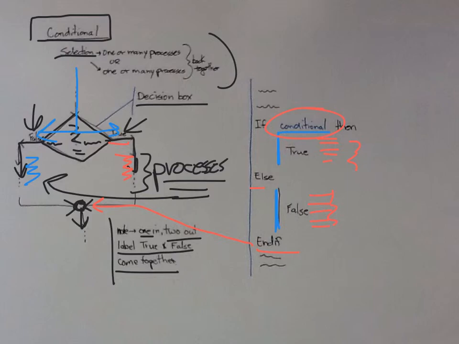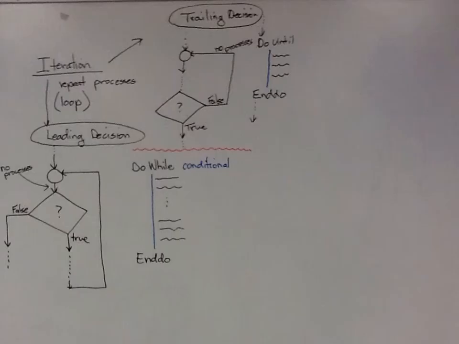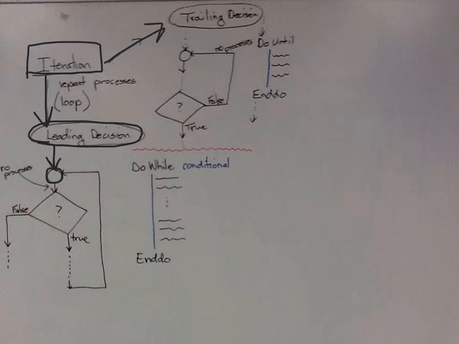So that's conditional. The last one is iteration. More or less, we're going to repeat something. We have two different types: a trailing decision and a leading decision. This is the one we will refer to most of the time. How that works, we have a connector at the beginning, and then we make the decision box.